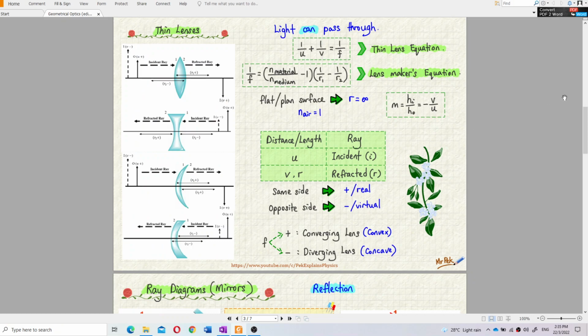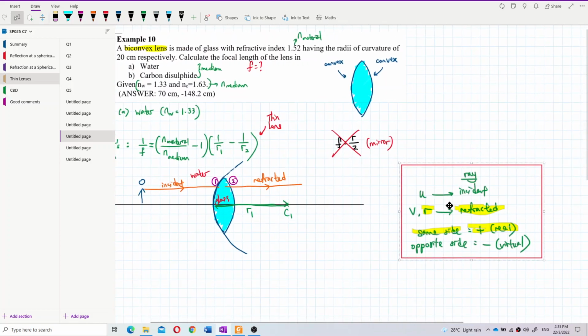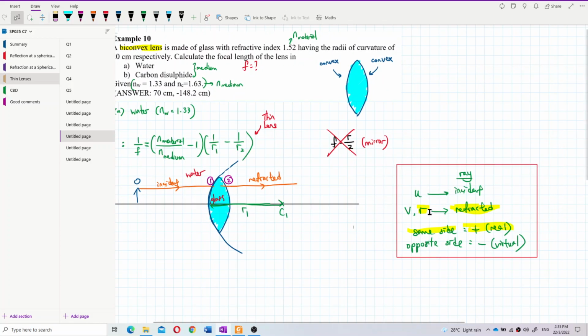So remember the comparison partner: the object distance always compares with the incident ray, but the rest, like the image distance and the radius, all compare with the refracted ray. If same side, positive, real. If opposite side, negative, virtual. So the radius compares with the refracted ray.